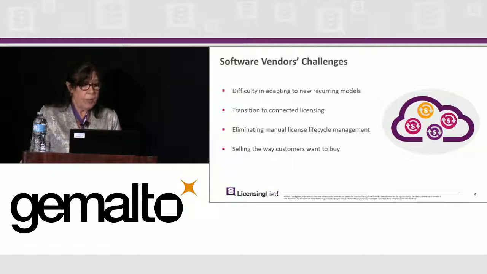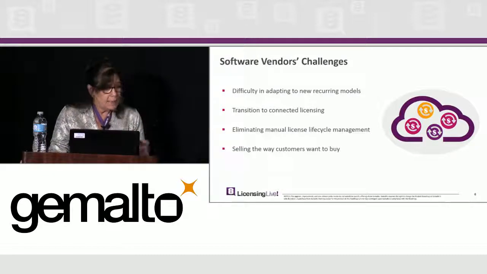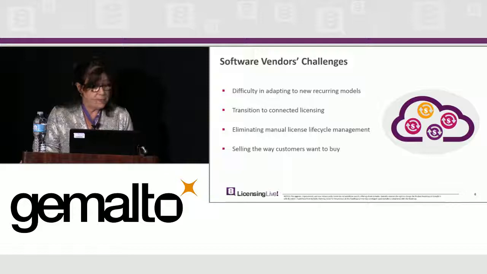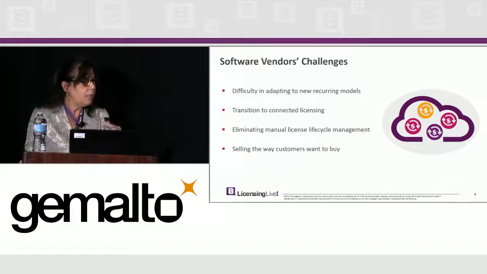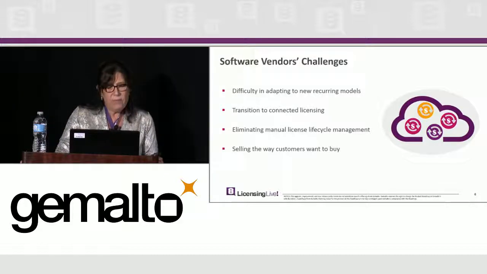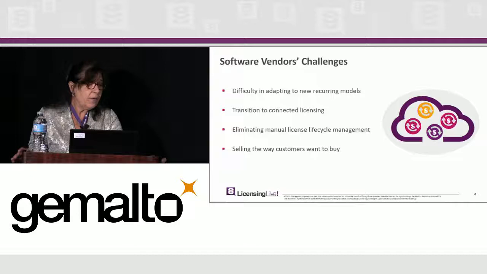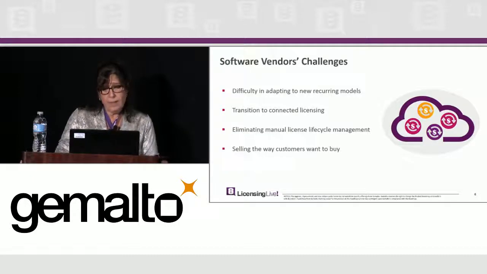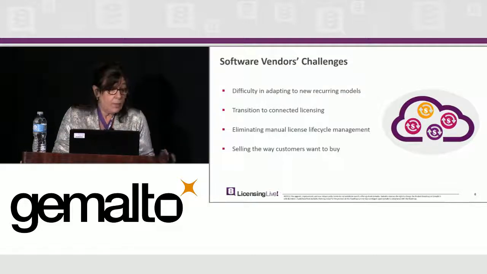In addition, vendors also need an easy transition to connected licensing because, from what we're seeing, especially large vendors are very slow to change the way that they sell and deploy software. And then there's also the impact on the end customers when it comes to licensing in general.